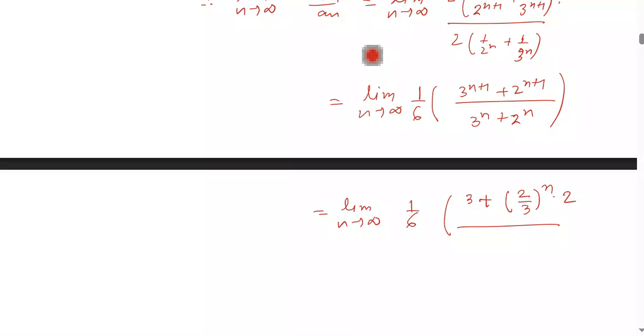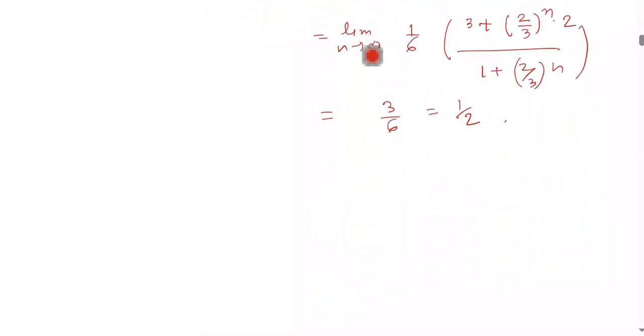Dividing by 3 power n, we get 1 plus 2 by 3 whole power n. From here you can say that this one tends to 0, this one tends to 0, so that is basically 3 by 6, that is 1 by 2. From here you can say R is 2, the radius of convergence is 2.